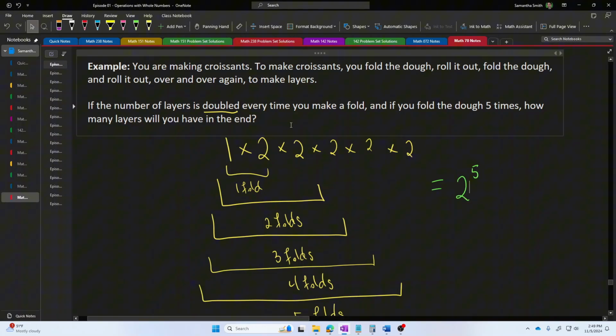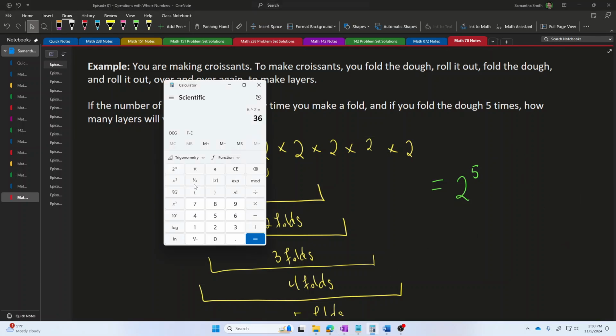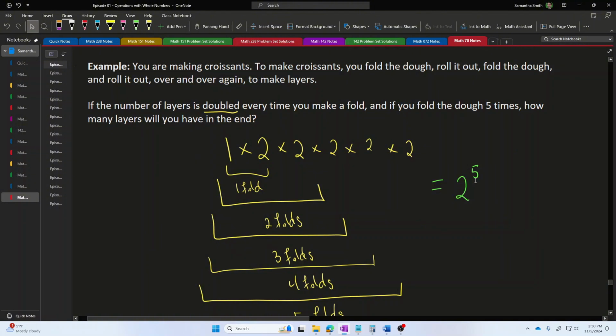Take 5 copies of 2 and multiply them together. That's what happens if you fold this dough and double the layers 5 times. So this has become a familiar example to us. That is going to give us 32 layers of dough in this bread, 32 layers of delicious buttery goodness for our croissant.